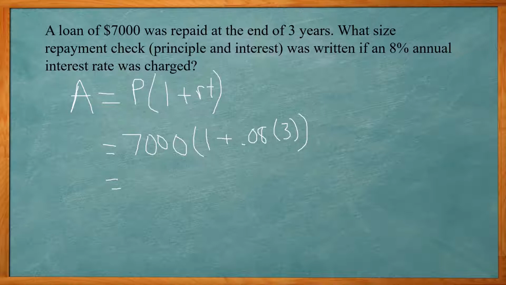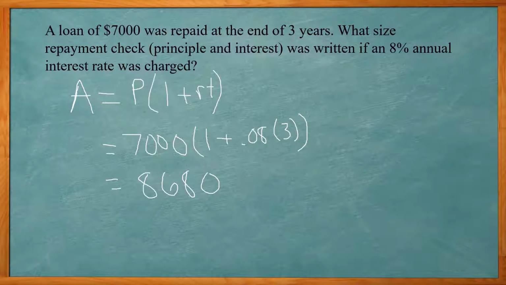So you can simply put this in your calculator like it's written: 7,000 parentheses 1 plus 0.08 times 3 close parentheses. And it comes out to 8,680. So that includes the principal and the interest.